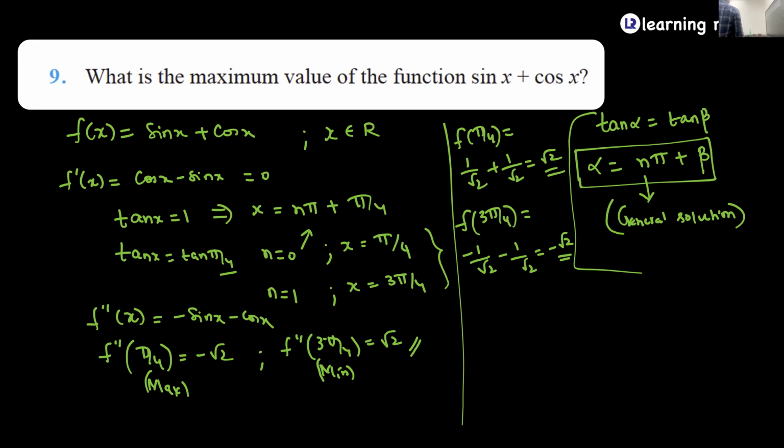It is 5 pi by 4, because 3 pi by 4 falls in the second quadrant. Mistake.